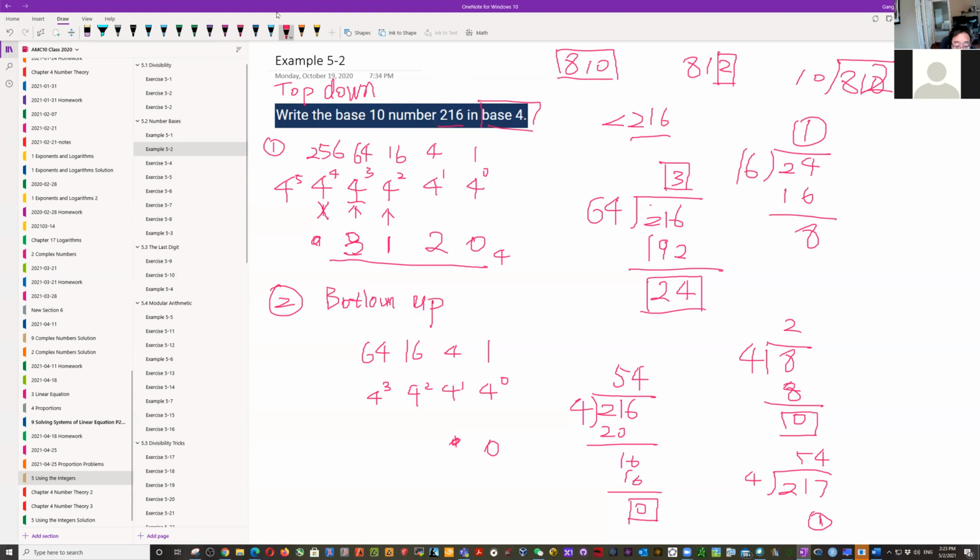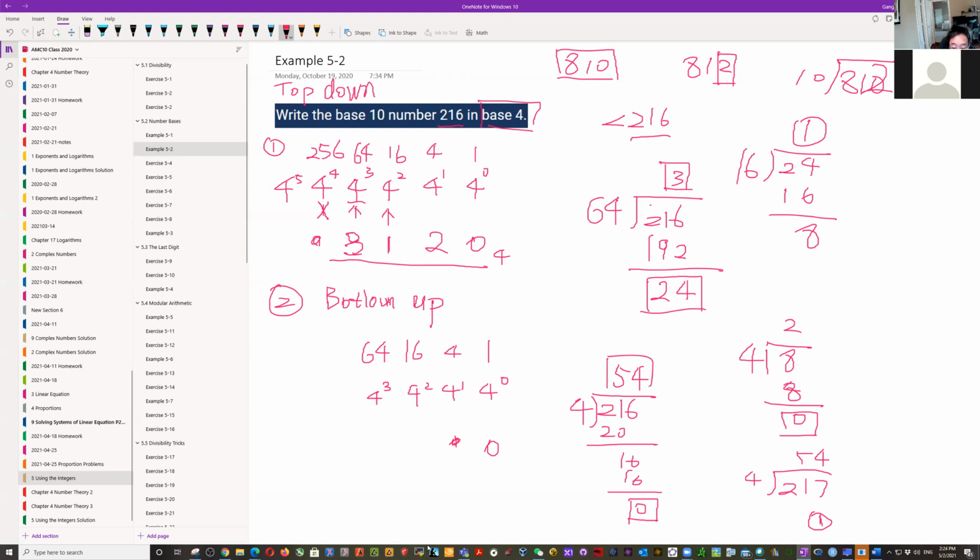Basically it's the same principle. In the base 10 system, the unit digit represents the remainder of division by 10, and in any base, the unit digit represents the remainder of division by that base. So just by dividing by 4, I get 0, which means 216 is indeed a multiple of 4.